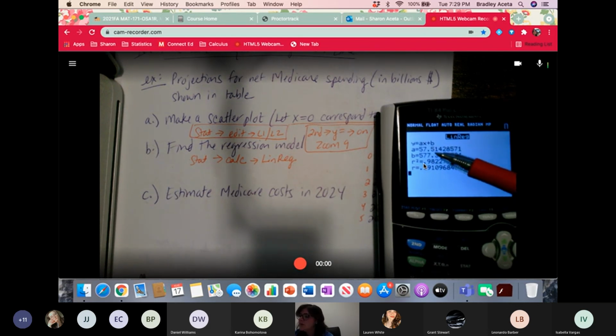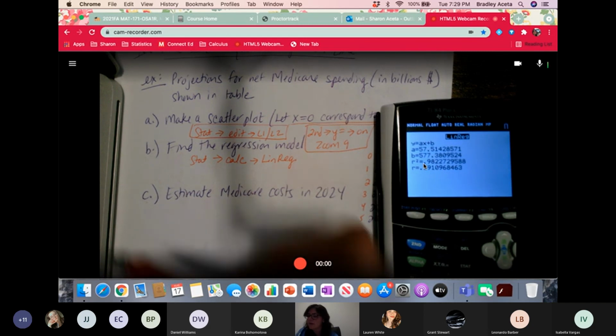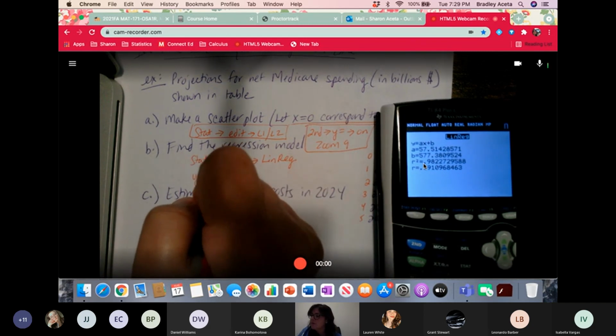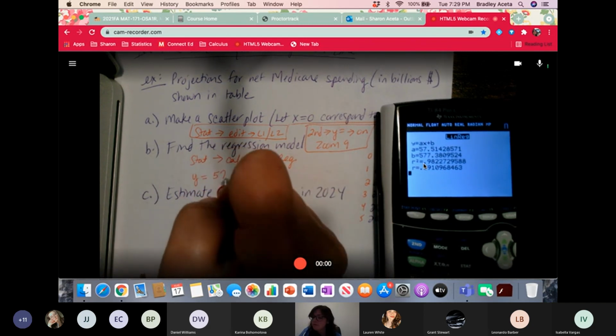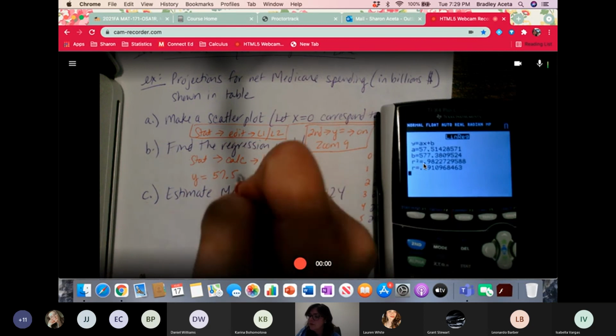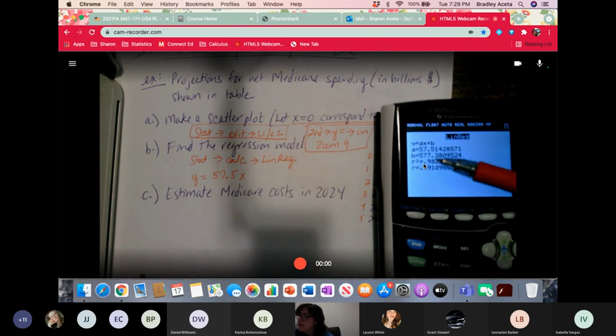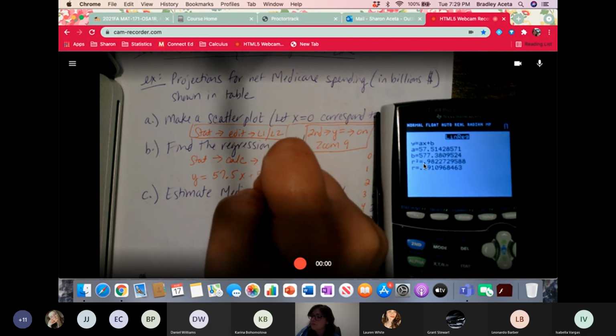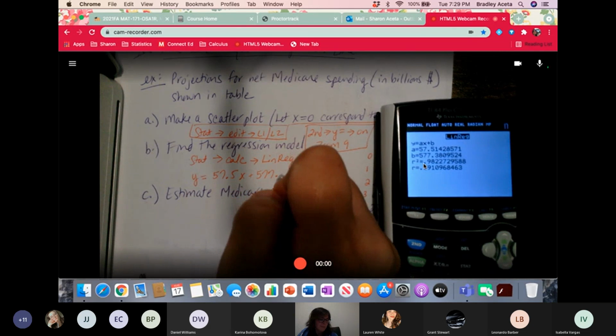But 57.5, that is your slope. That goes in front of the x. Y equals 57.5, then you put your x. Then your intercept, your b, would be 577.38.